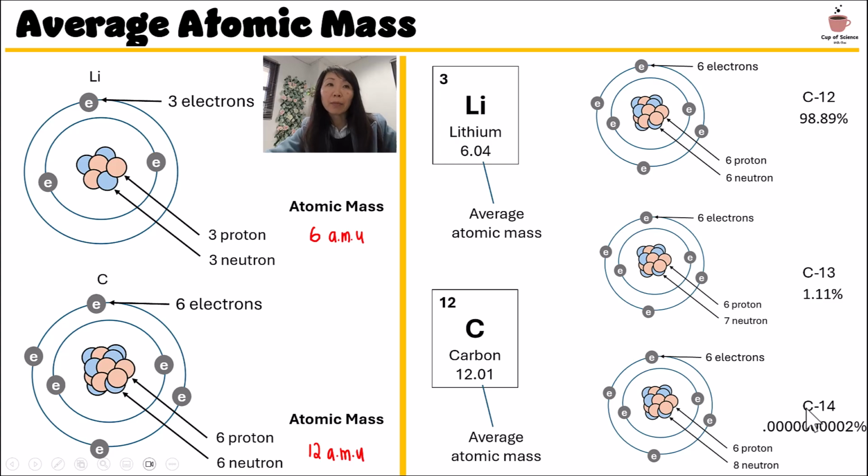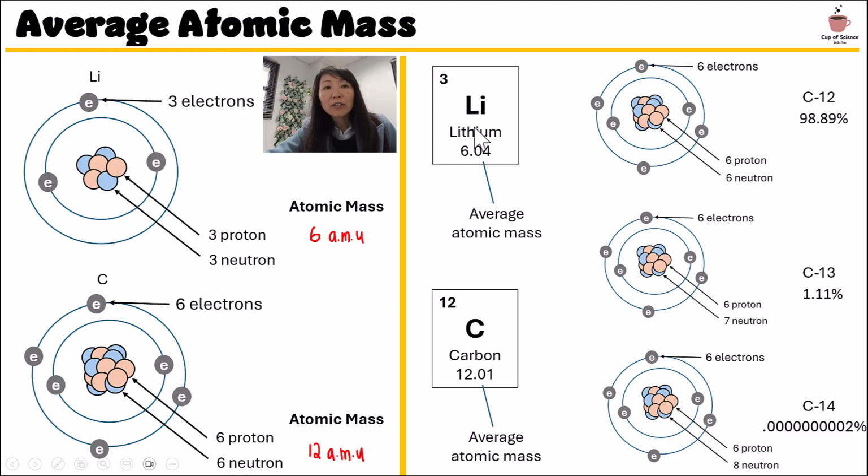So say I have a sample, I made up a bunch of carbons, then 98.89% of the carbon that I possess is carbon-12, and the rest are carbon-13 and carbon-14. And it's taking that percentage into consideration to come up with the average atomic mass.